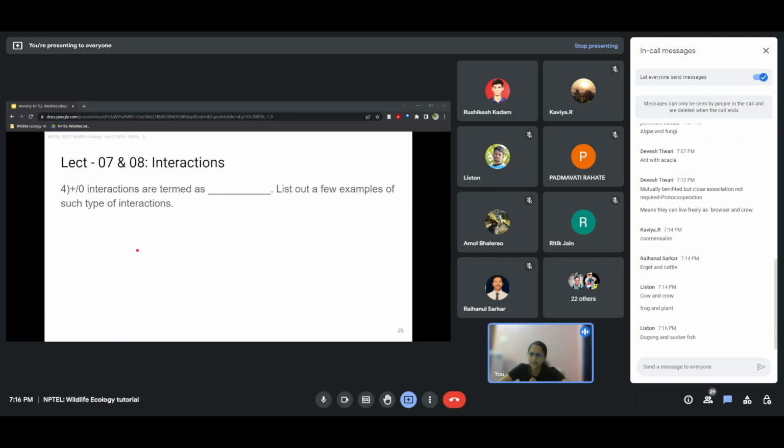What about frog and plant? I'm curious about this one. Liston, would you like to explain frog and plant? Okay, we can just move on then.